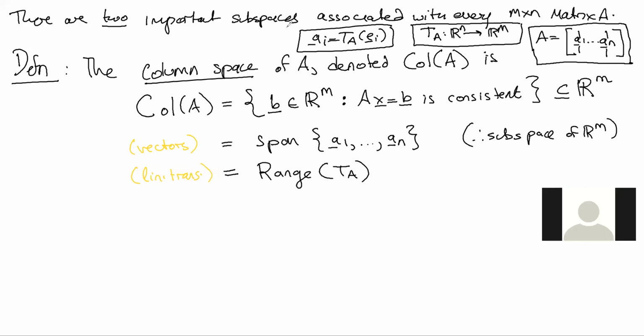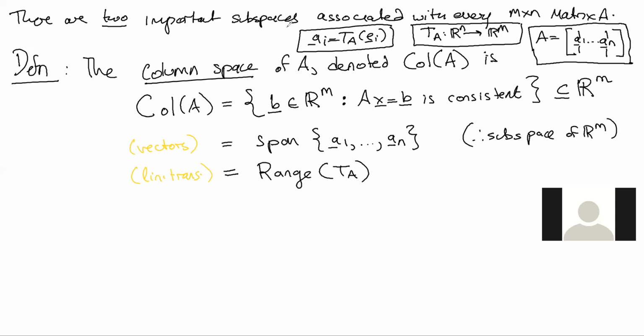Professor, is any transformation that's onto a column space of A? No. Remember, a transformation is a function. A column space is a subspace. So that sentence doesn't actually make sense. Can you rephrase? I was just thinking because it belongs to the range of the transformation TA.